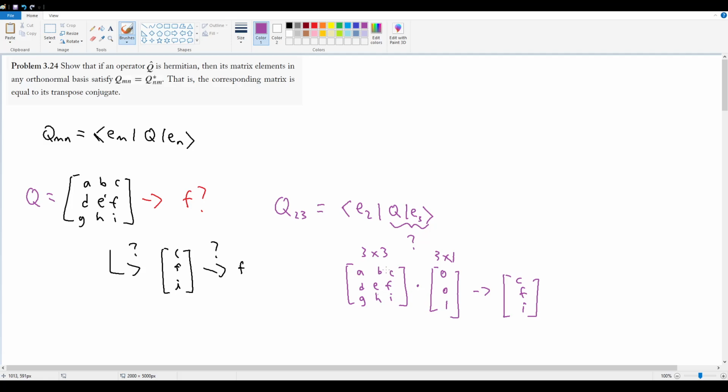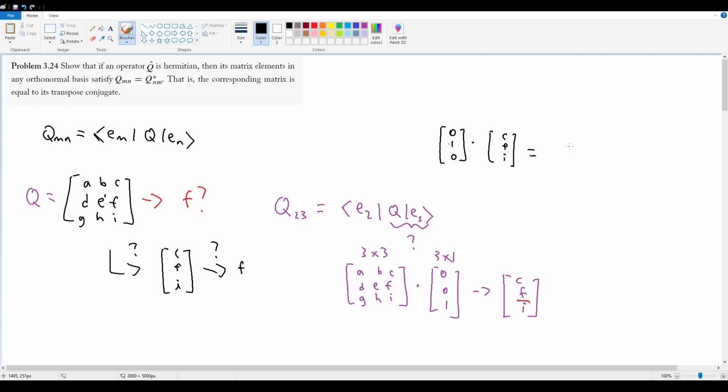So from this point, if I want F, because remember my original intention is to find F, you then just take a dot product between E2 and this new vector, E2 dot product with C, F, I. Well, E2 is just going to be 0, 1, 0, like this.